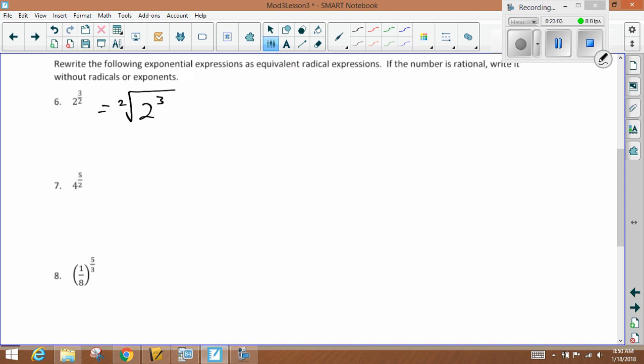Alright, let's simplify this all the way. And that's the square root of 8 to the 5th. Guys, remember, you don't have to put the 2 there if it's a square root, but I'm doing it just so you can see what's going on.